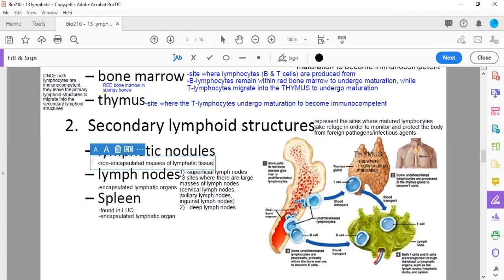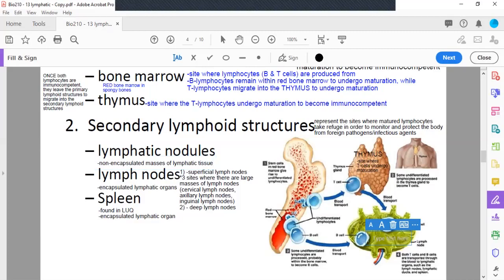The nodules in essence are just masses of lymphatic tissue, and a lot of the time they are found within the mucosa. So when I use the word lymphatic nodule versus lymph nodes, they are not the same. One is an organ, one is a tissue. So keep this in mind. This right here that you see represents what's known as a lymph node, and we know the lymph node is an organ.